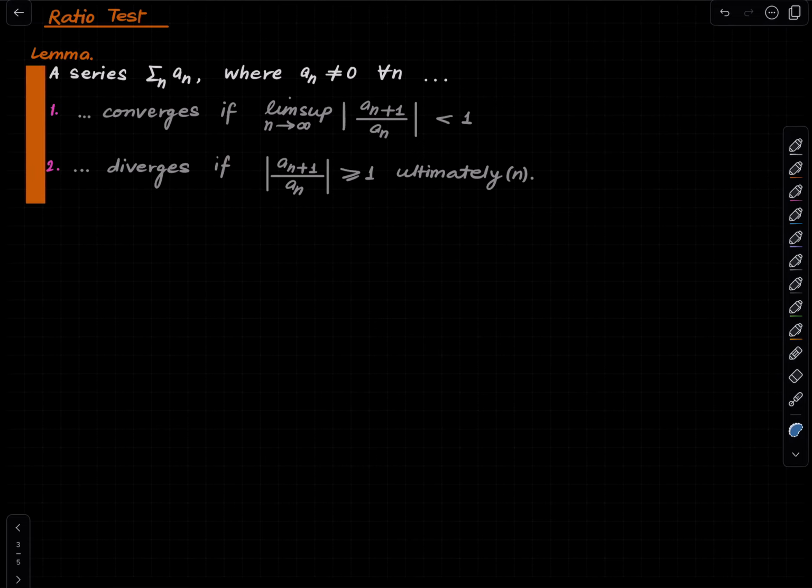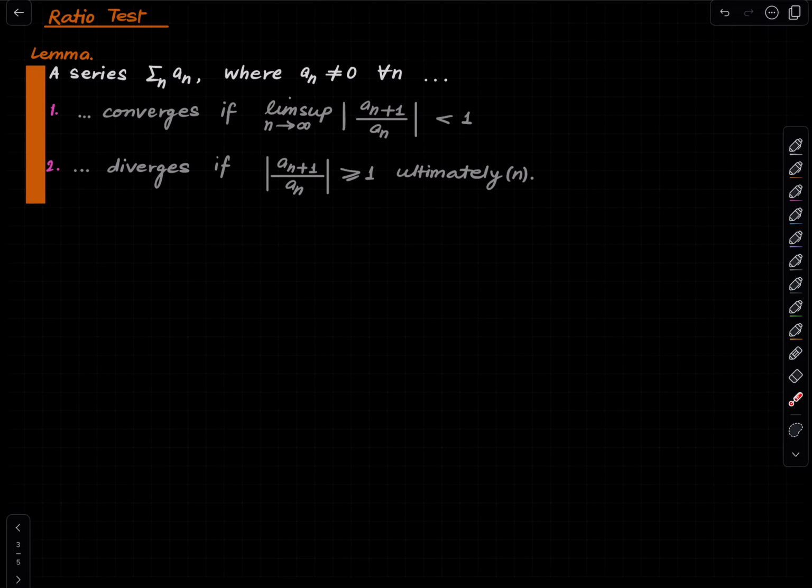So directly we'll just jump into the main theorem. What does the statement say? Given a series where each term is non-zero, so you're going to apply the ratio test for only certain kinds of series where each term is non-zero, then the series is convergent if this condition happens and divergent if this condition happens.